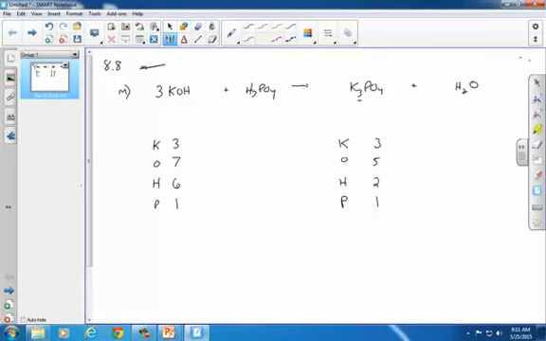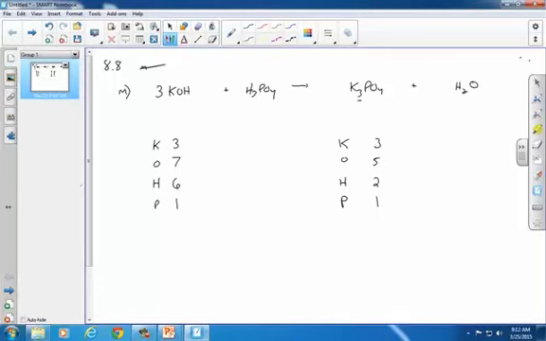So I've got the potassium balanced now. What's left is to balance the oxygen and the hydrogen. So I need more oxygen and more hydrogen on the right.